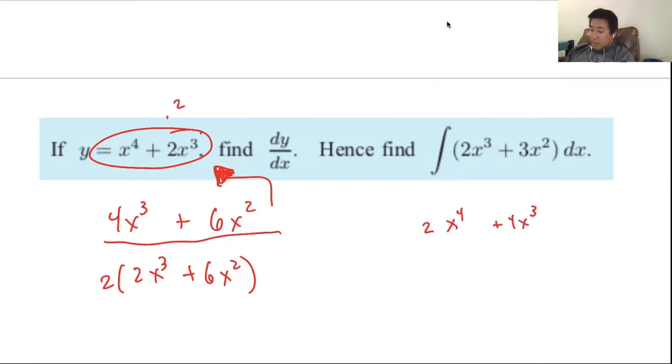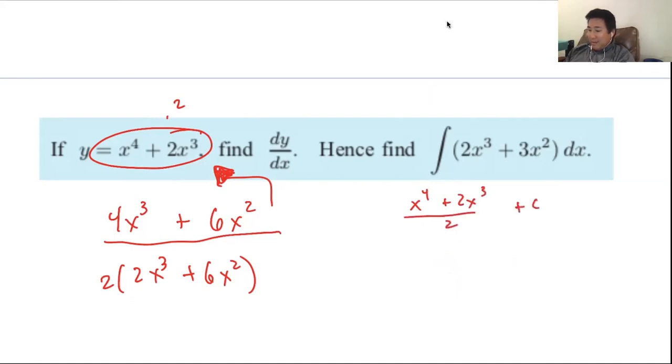So we take the derivative. You get 8x cubed over 3 plus, no, that's not right. I think it's divided by 2. X to the 4th plus 2x cubed over 4 plus c.